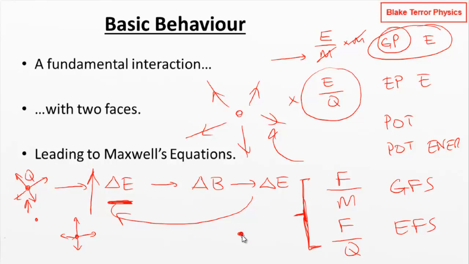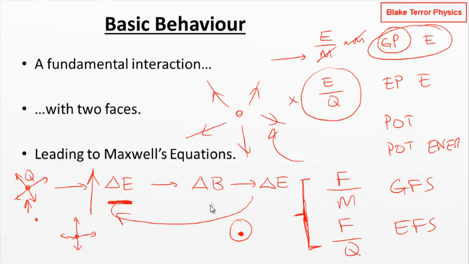But magnets, if you look at any atom, you've got electric charge in motion. You've got these electrons orbiting the nucleus of the atom. These electrons are in motion, so you've got changing electric fields.